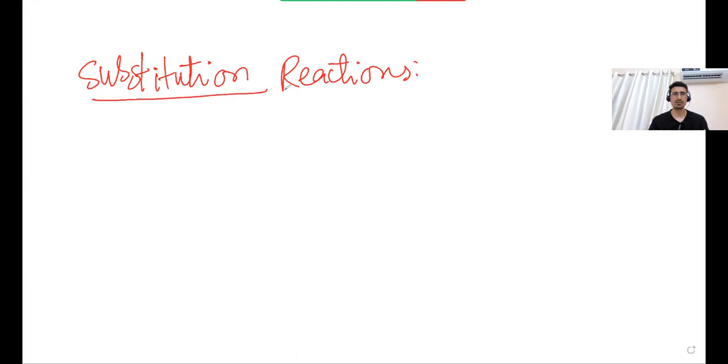Actually, this is a part of our further large and diverse topic, that's reaction mechanisms. So in this topic, we shall be discussing nucleophilic substitution reactions.